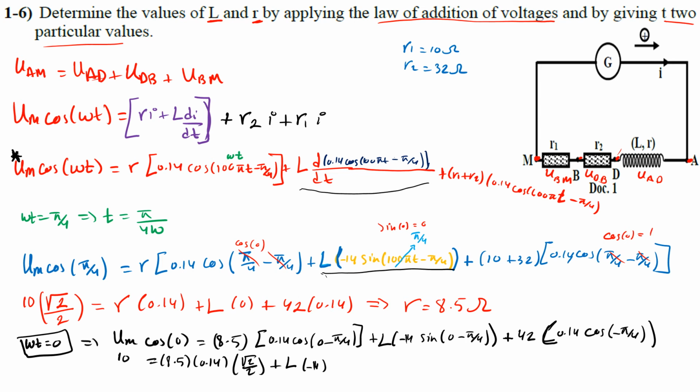Sine of minus pi over 4 gives minus radical 2 over 2, plus 42 into 0.14. Cosine of minus pi over 4 is radical 2 over 2. Minus and minus becomes plus, so nothing changes there. We replace and we get the final answer for L as 0.16 hundredths.